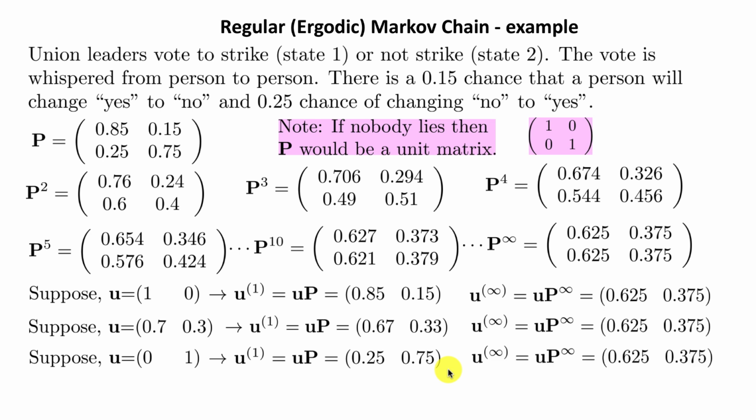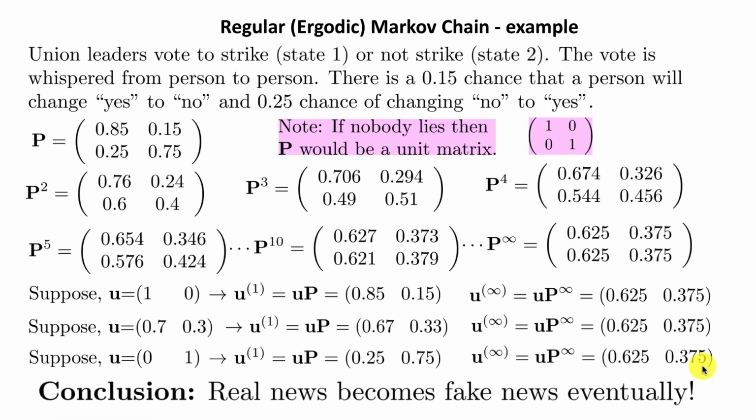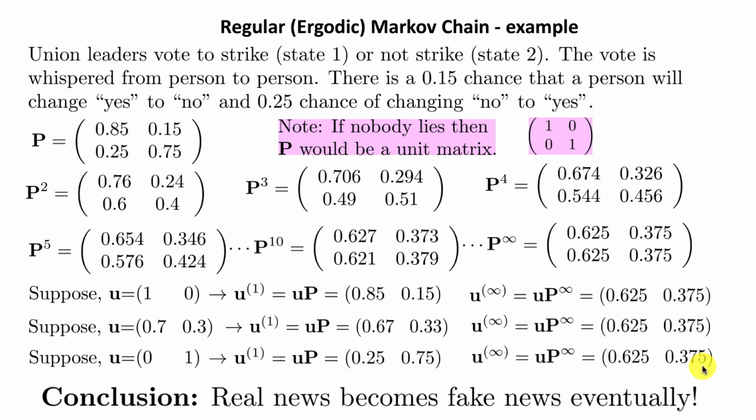But this takes the cake. After many, many people have passed this information on with their own distortions, we end up exactly at 5/8 and 3/8. The moral of the story is that real news becomes fake news eventually, unless the means of transmission have total integrity.